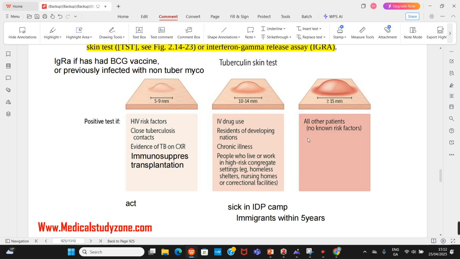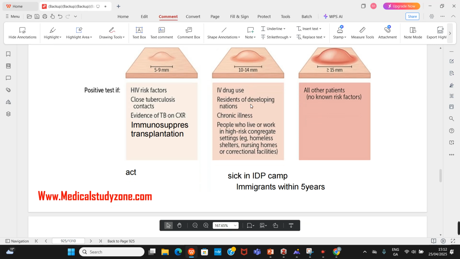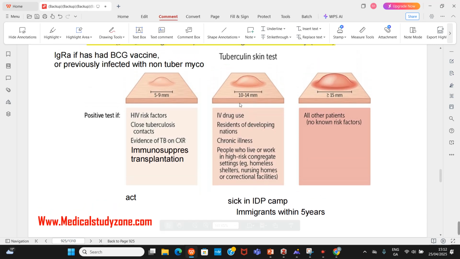If somebody has features of the IDP camp, and the person gets a value of between 10 to 14, you can say the person has tuberculosis too. Now, what are the features of the IDP camp that I'm talking about? I stands for intravenous drug use. D stands for residents of a developing country like Ghana, Nigeria, that are prone to tuberculosis.